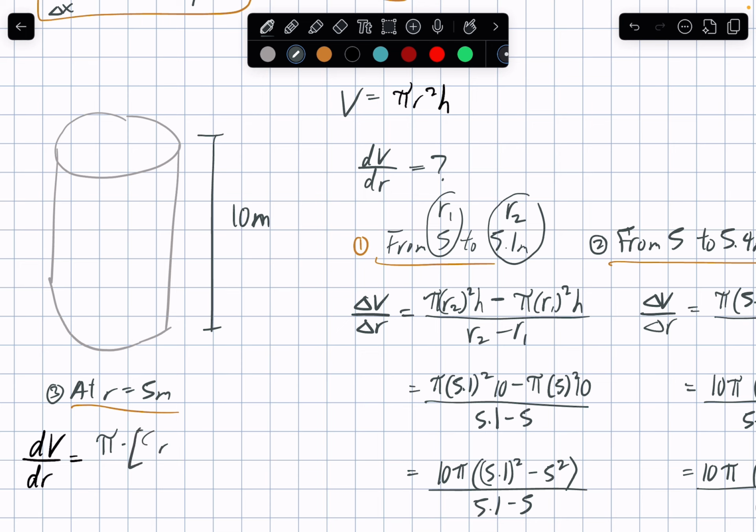So 2R times H plus R squared times 0. So why is H equal to 0 when we find its derivative?